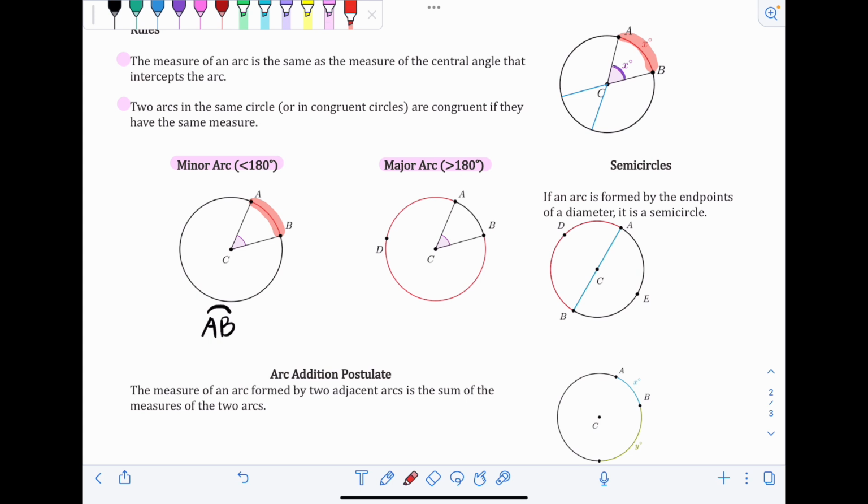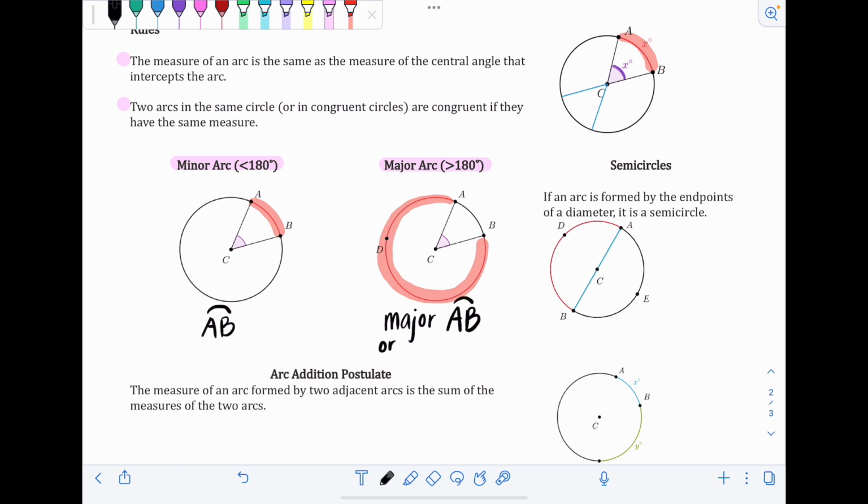So you can see in this picture, we could technically describe this as arc AB too, because it has endpoints at A and B. But if I just say arc AB, it's going to assume that it's this one, the small one between A and B. So if I wanted you to know that it was the big one all the way around the circle, you'd have to say major arc AB.